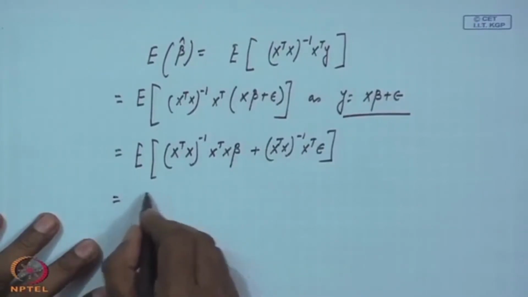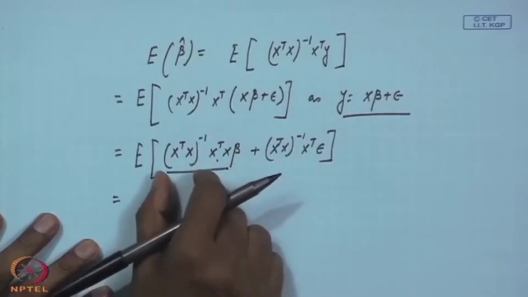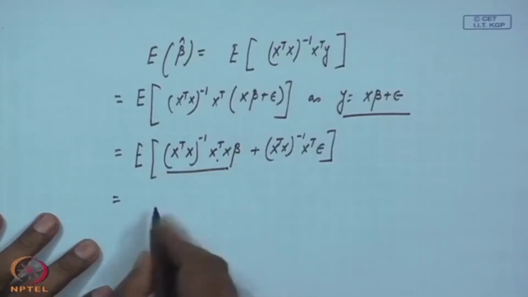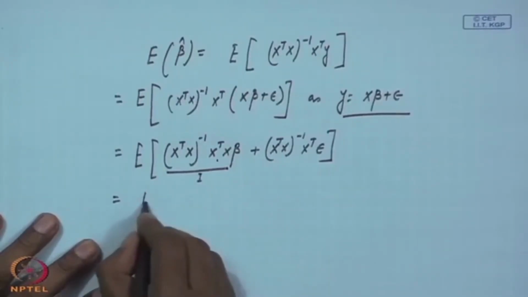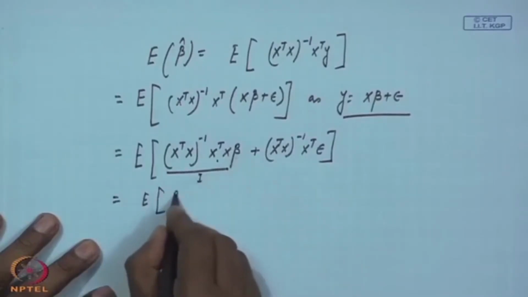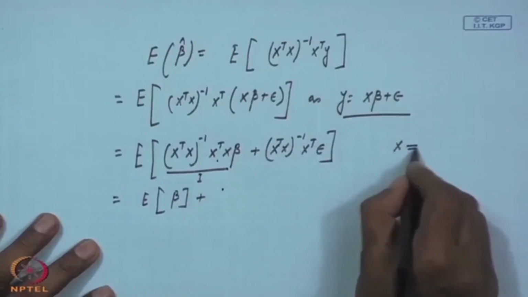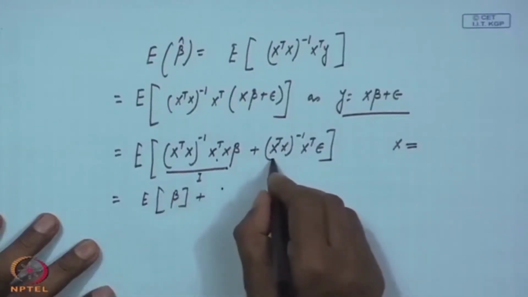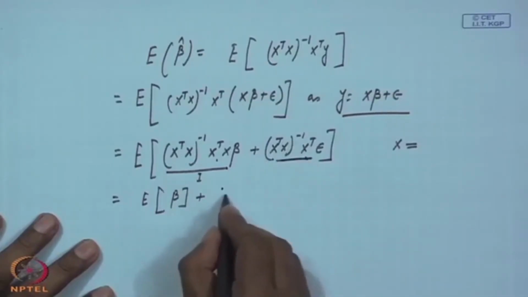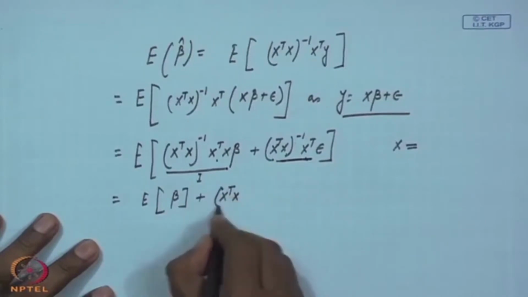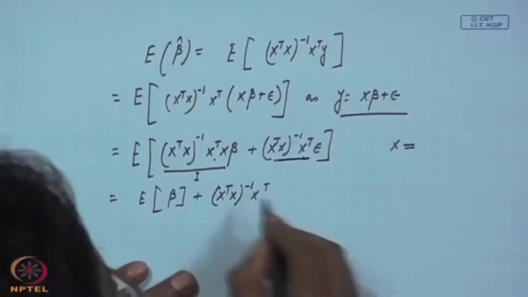Now x transpose x inverse times x transpose x, the inverse of a symmetric matrix, gives the identity matrix I. So the expected value of I into beta is beta, plus, as x is the data already collected, x transpose x inverse x transpose is a fixed quantity, so we keep it outside the expectation operator.